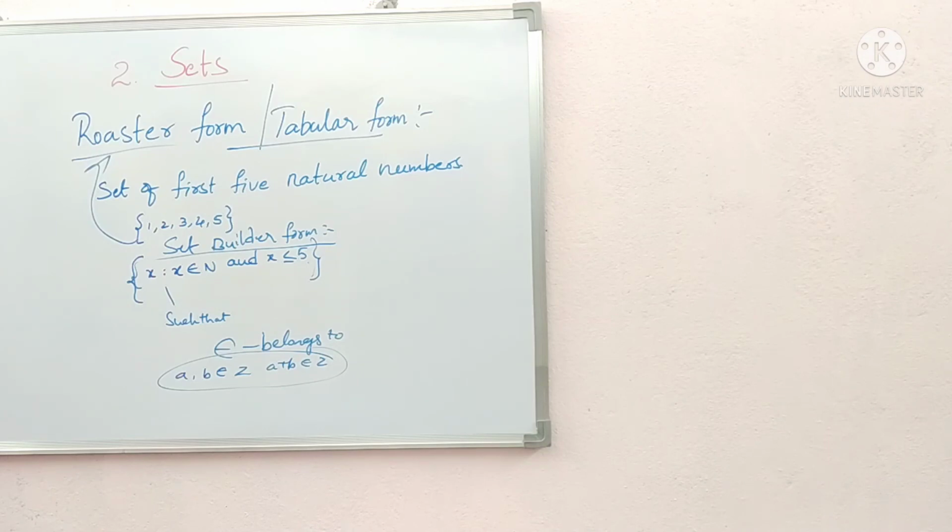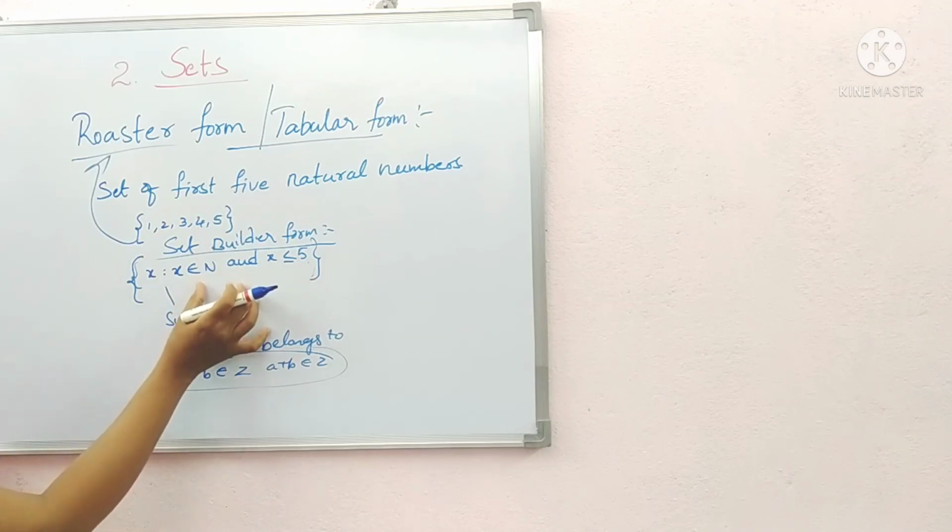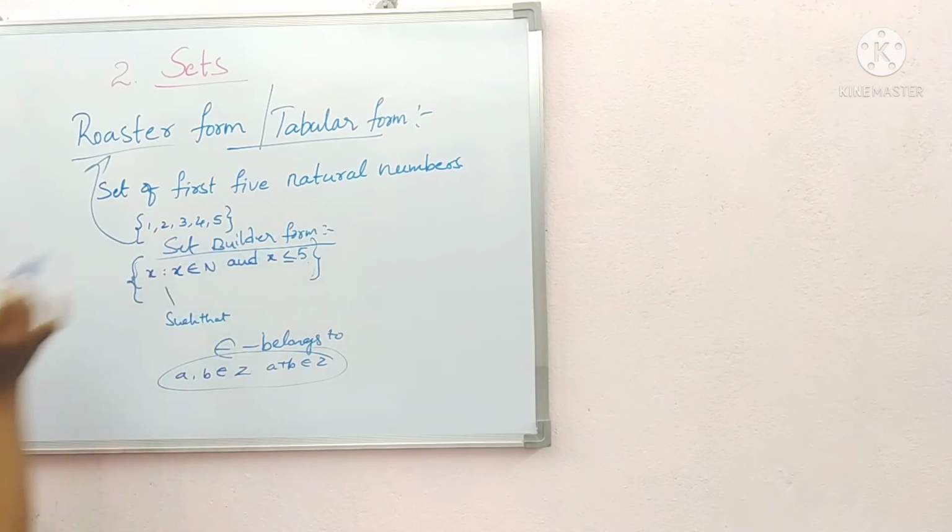If all the elements are listed, then it is roster form. If the common property of the set is written, then it is set builder form. In this video we are seeing only definitions, and in our next video we will solve the problems.